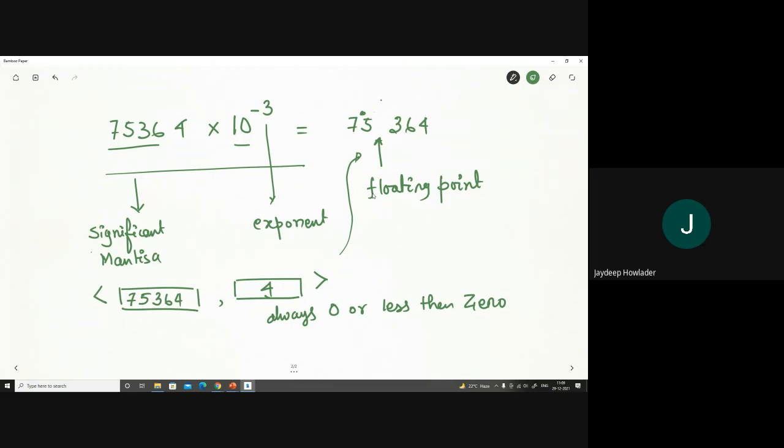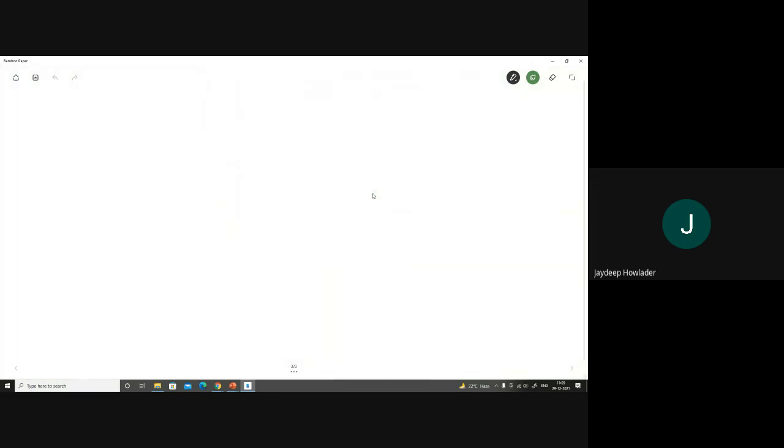Okay, so that means we are representing a number with two tuples. One is the significand, and another is the exponent.